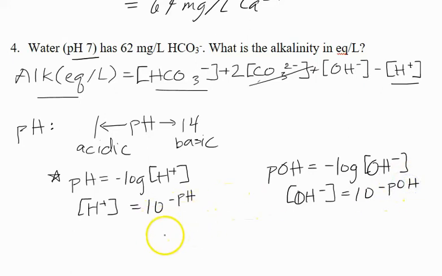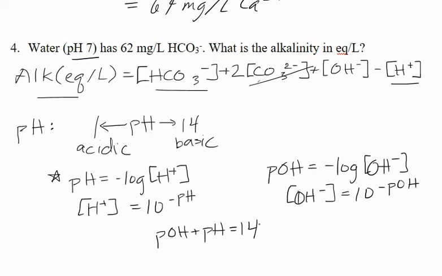And if you'll remember from your chemistry, pOH plus pH equals 14. That's always going to be true. That's just a property of water. It has to do with the dissociation of water into hydroxide and hydrogen ions.